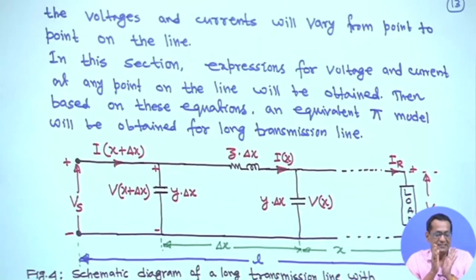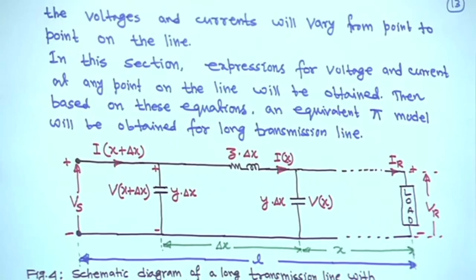In this section, the expressions for voltage and current at any point on the line will be obtained. Then based on this equation we will find a pi equivalent. First we will go for the exact one, then the pi equivalent.